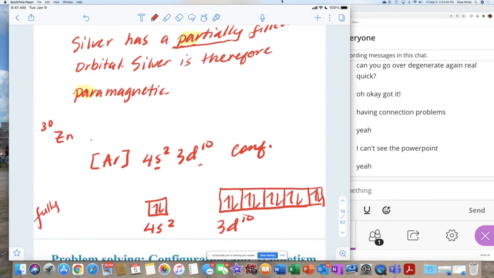So fully filled orbitals cause zinc to be not para. What am I thinking? Diamagnetic. Diamagnetic. It's fully filled, not partially filled.